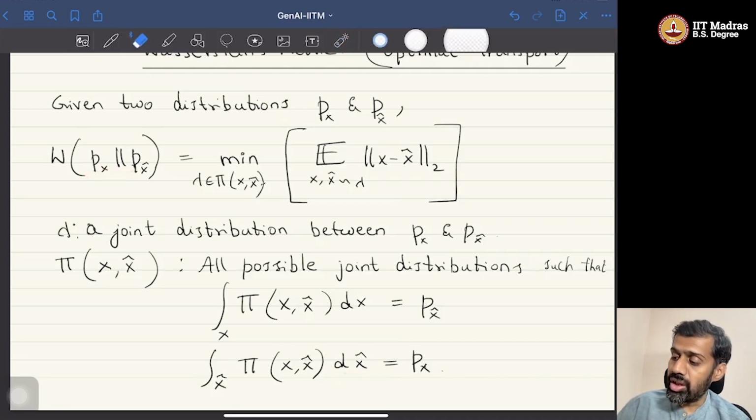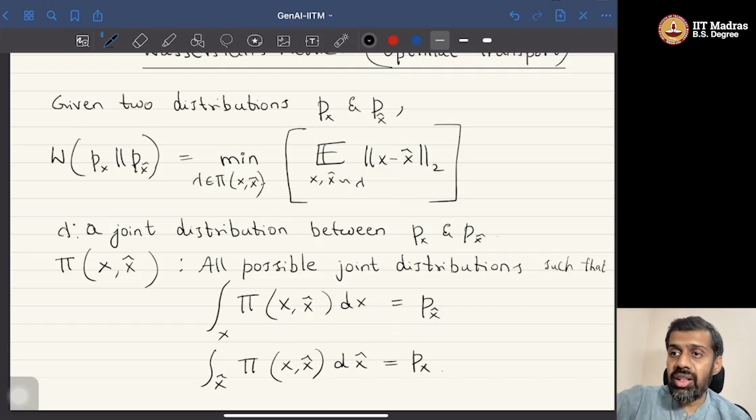Okay, so we need to search over all possible joint distributions such that the marginals of these joint distributions happen to be the same as the distributions of interest. So this is the mathematical definition of what Wasserstein's distance is.